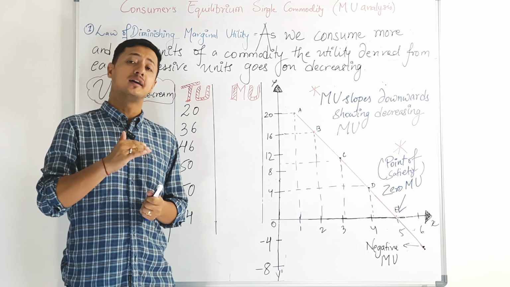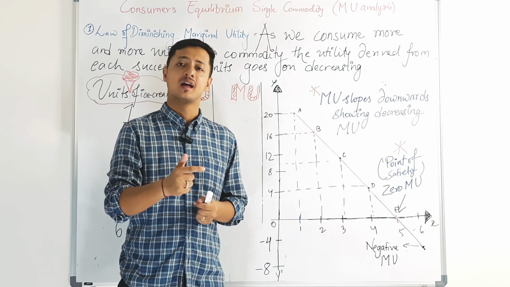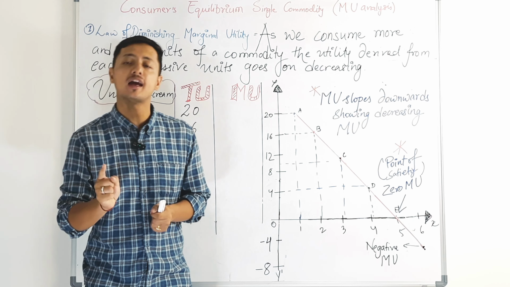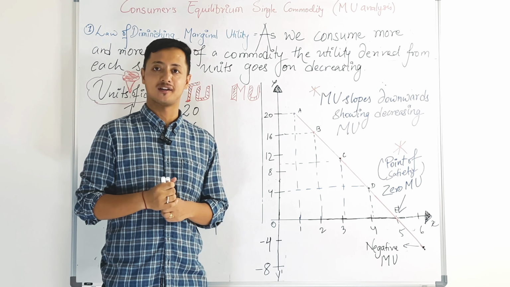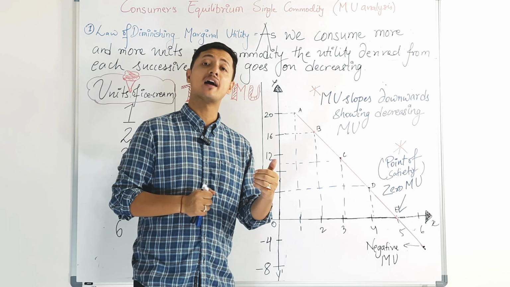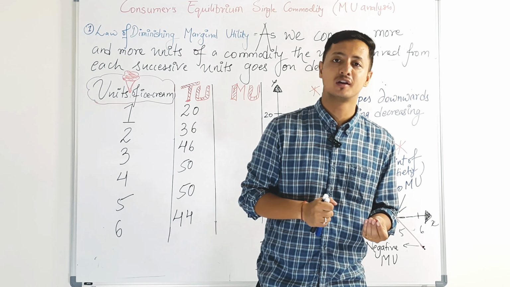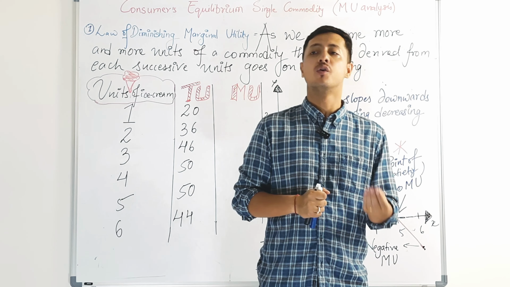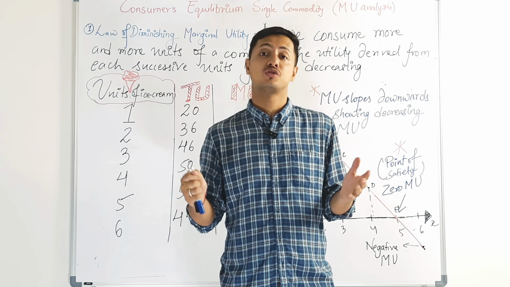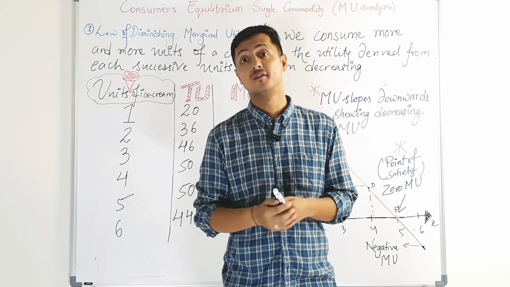Suppose you had one more glass of orange juice consecutively. Then also you may get utility, but it will not be as much as the first one. The utility will diminish, and as you continue to have more and more, your utility will further diminish. It's normal. There comes a point when saturation is reached, the point of satiety, and if you continue to have more, you might even vomit.